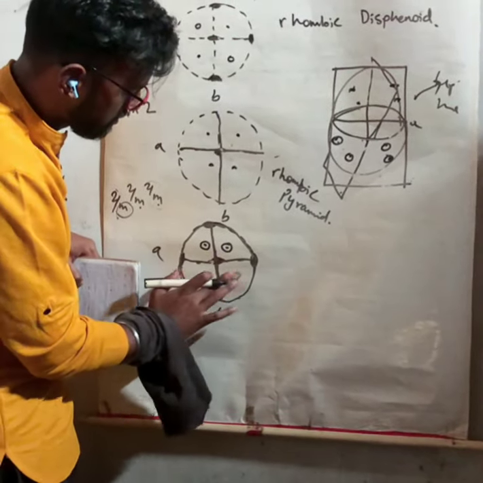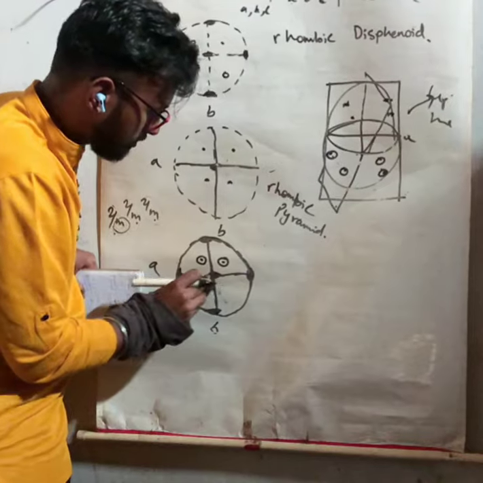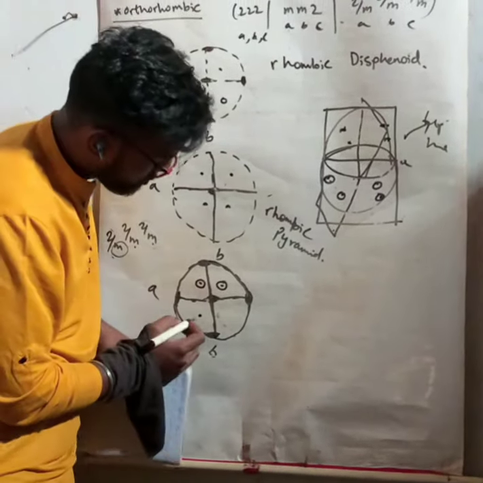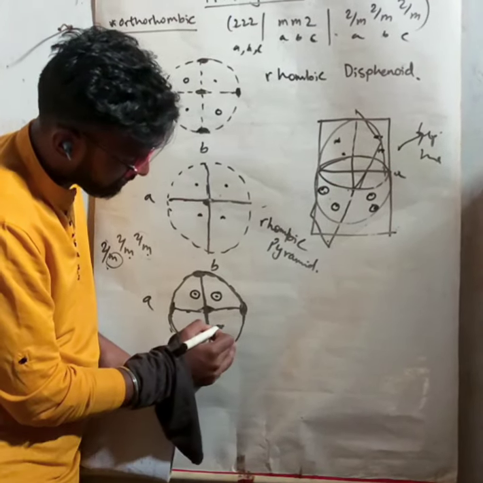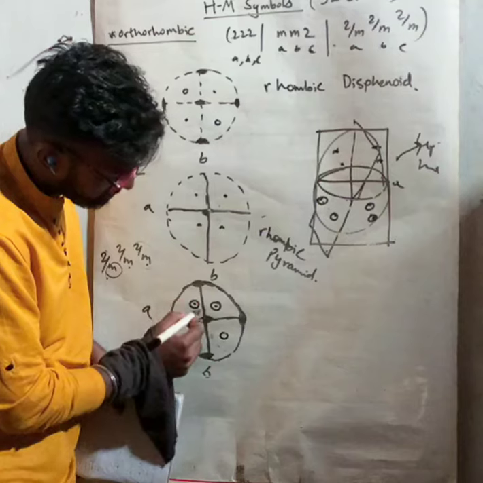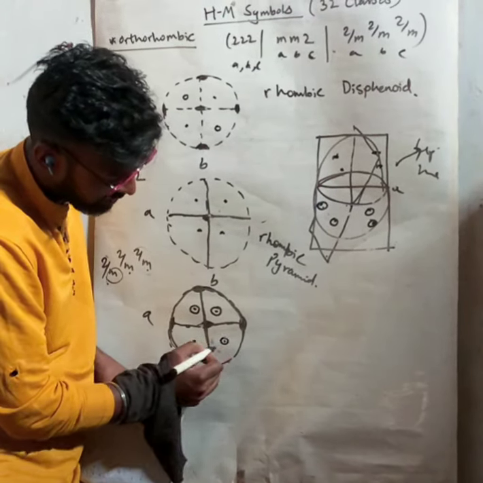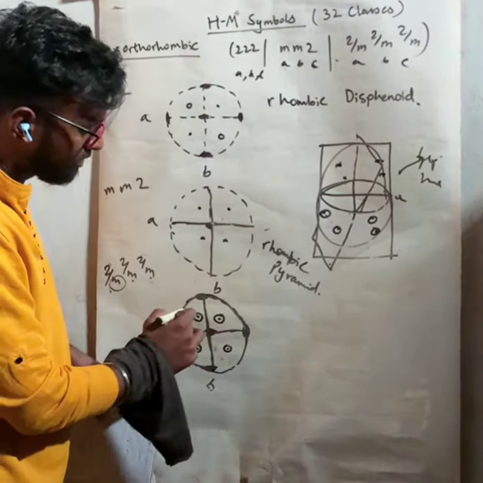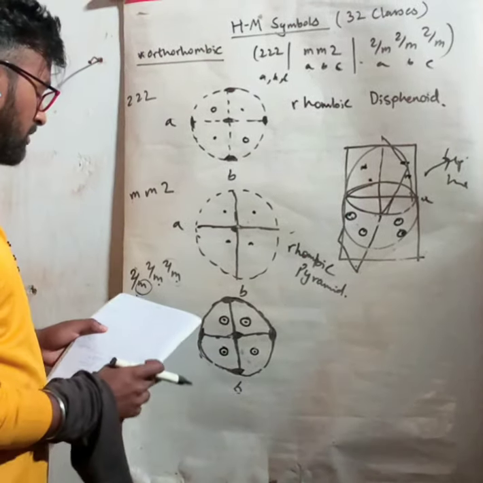Suppose we remove that and we only do the two-fold operation. What will be the two-fold operation about the B axis for this dot? We will have the circle, but this is also a mirror plane, so this will have its mirror reflection here, and this will also have its mirror reflection here. So for every quadrant you can do it, and it will satisfy similarly.